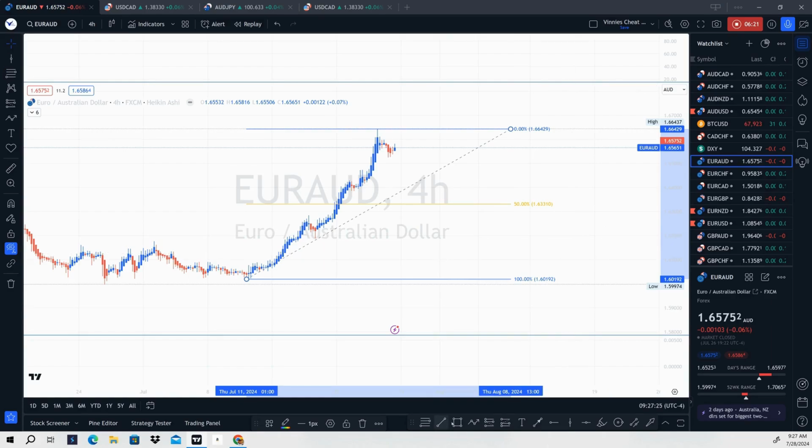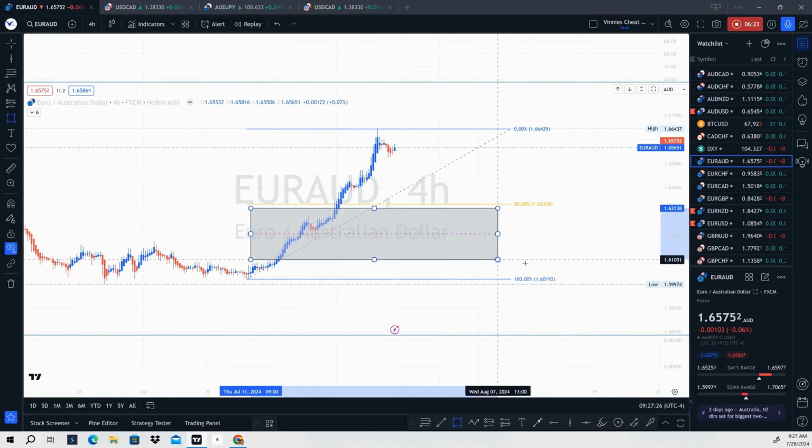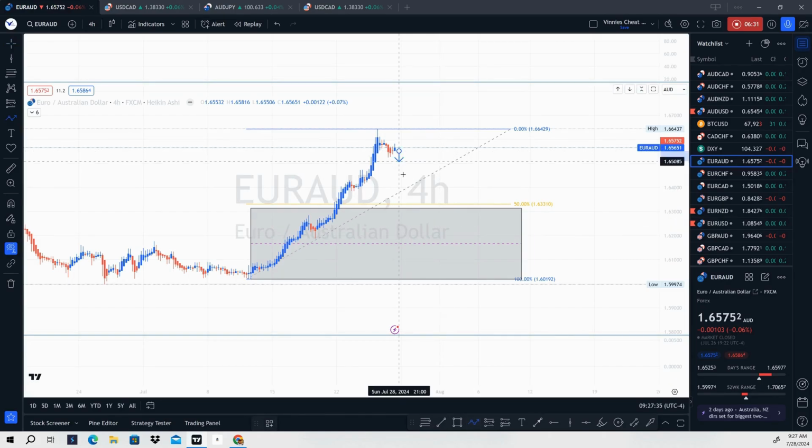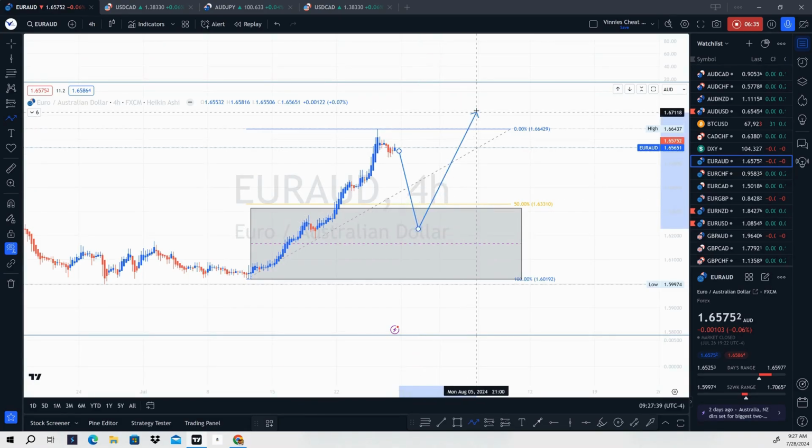And now this would be considered our sell zone. Anything in this area, we would like to see price reach somewhere in this area. And then we look for an opportunity to buy with the trend, okay?